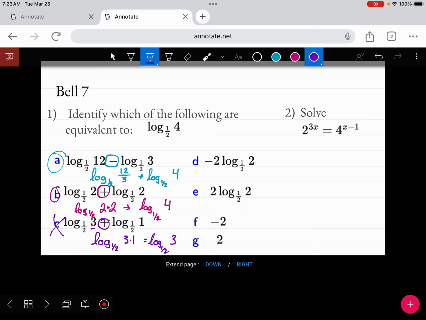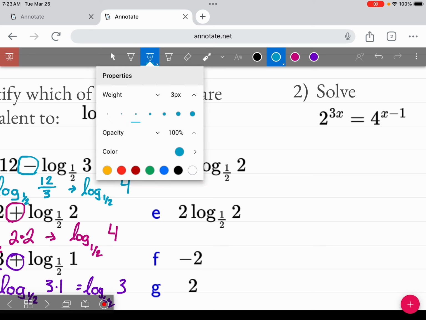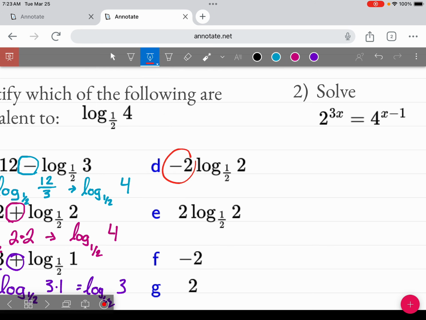What about D or E? What do we think about those two? E, yes, D. Why? Because the -2 means it's a power of -2, and that makes it a fraction.